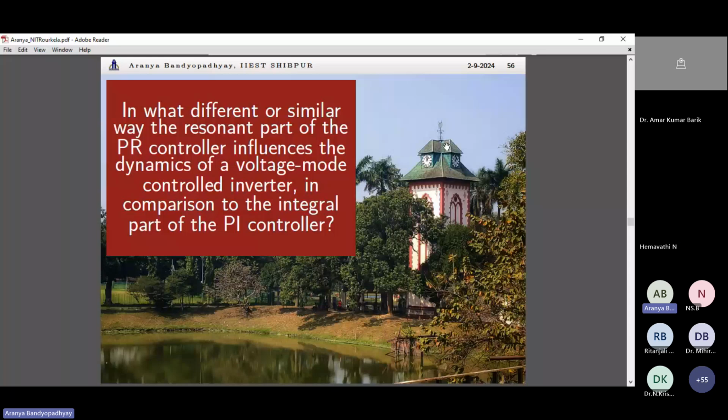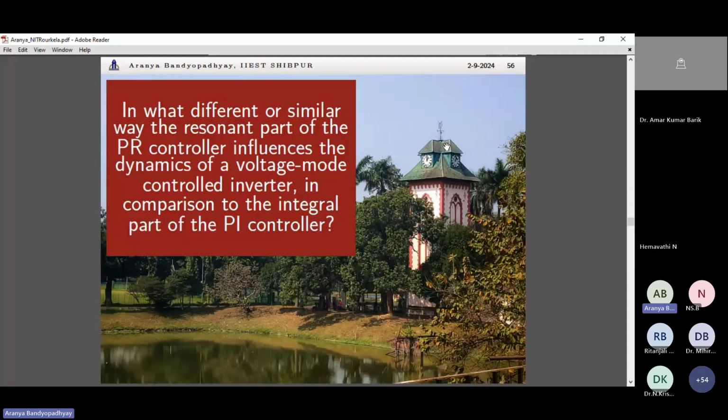And what happens is that the proportional integral controller introduces an infinite gain at 0 hertz, and it is much more ideal for the DC to DC converter. Why? Because in case of the DC to DC converter, our objective is to eliminate the steady state error at 0 hertz, at the DC component, right? So the PI controller is very much apt for the DC to DC converter.